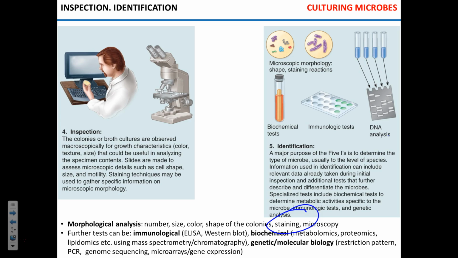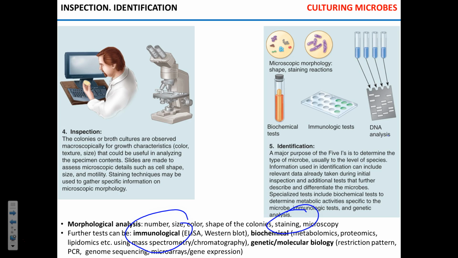That's the part when you figure out exactly what it is. There are three major approaches. Immunological approach. Are you familiar with the concept of antibodies? I'm going to ask a different question. Do you want me to give you a quick wrap about antibodies and what they are? Okay, I will.